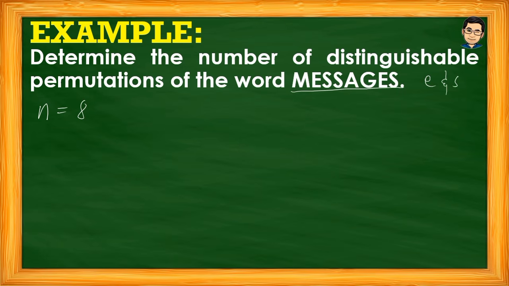So, yung n sub 1 po natin is yung bilang ng letter E. So, bilang ng letter E is 2. And then, n sub 2 naman, ito naman yung bilang ng letter S, which is 3.